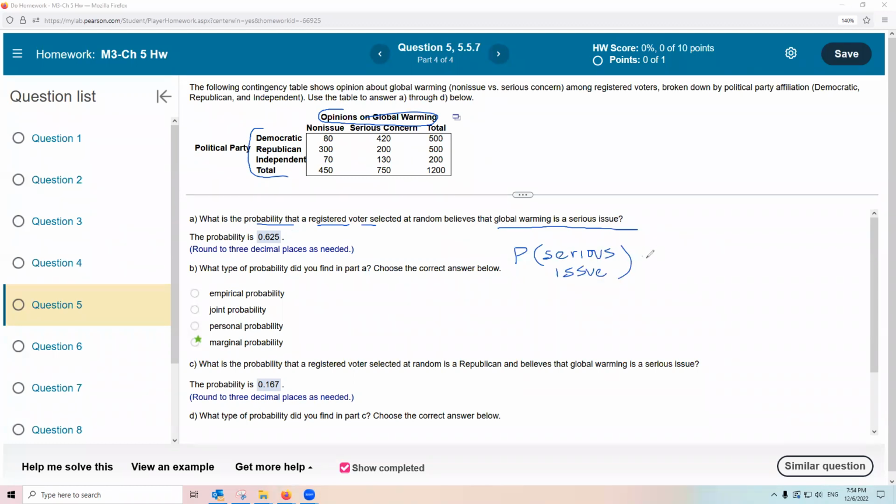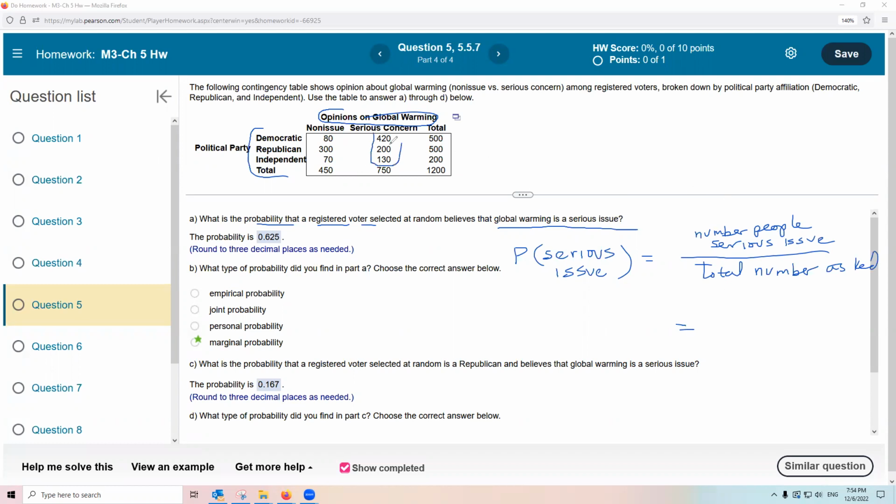Well, whenever you want to find a probability like this, you set up a fraction. The top of the fraction is the number of people that think it's a serious issue divided by the total number of people we asked. Well, for our example, the number of people that think it's a serious issue is this column right here.